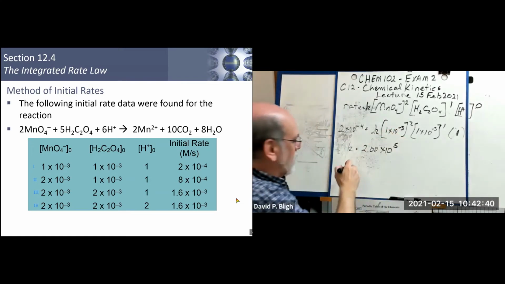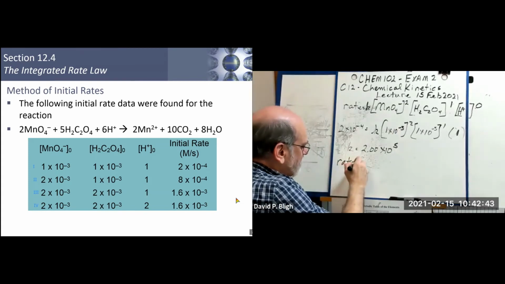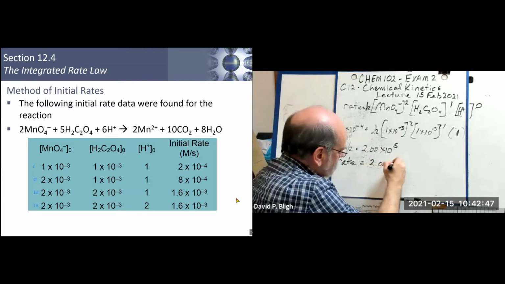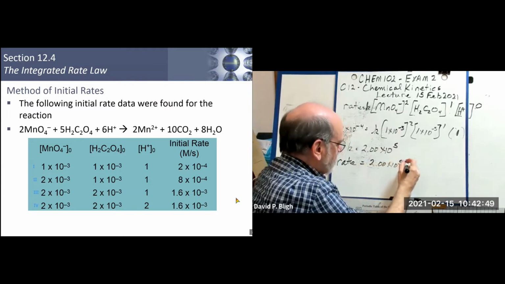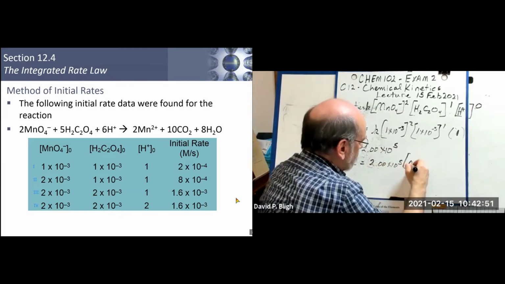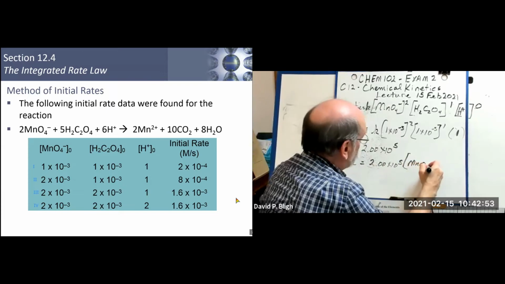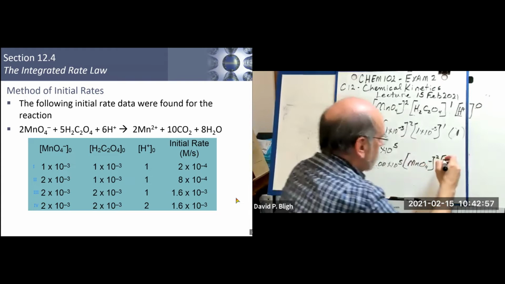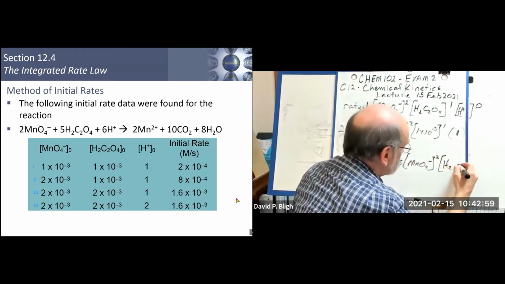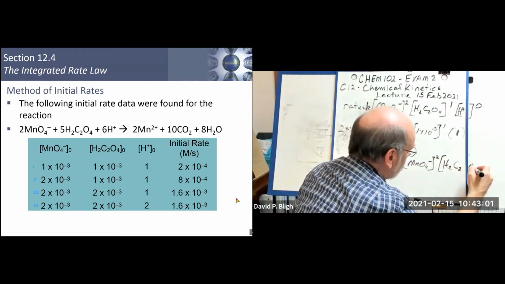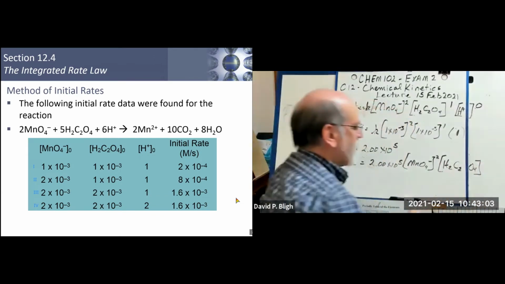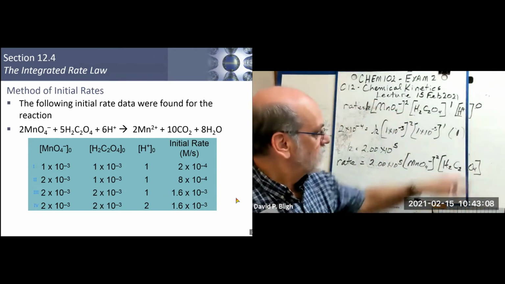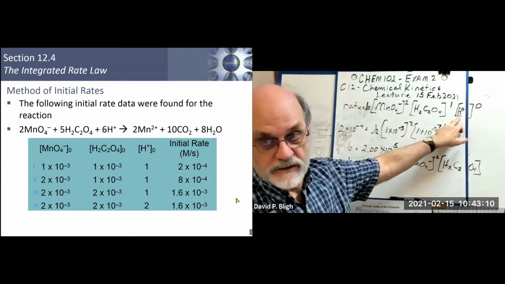Now we can write the rate law. So K then is 2 times 10 to the 5th. And then we have manganate squared and oxalic acid to the first power. That's it. You don't have that term in there because it's 0 order.